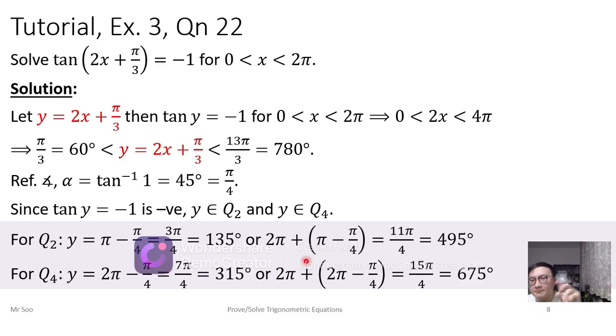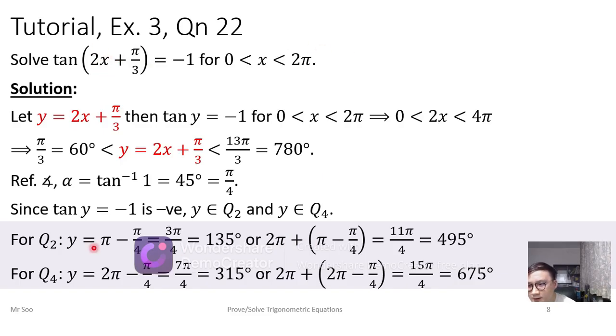Because if you look at your substitution, or rather the given expression, 2x plus pi over 3, there is an additional 2x, which means I need to go one more revolution, which means 2 pi. 2 pi is 360, so I have to rotate one more time.